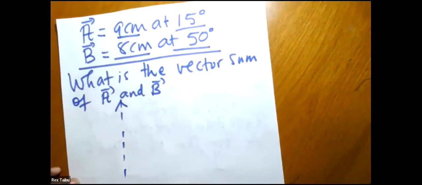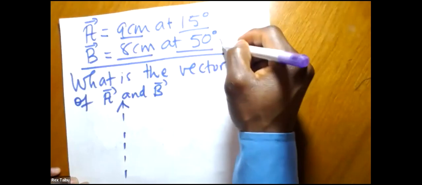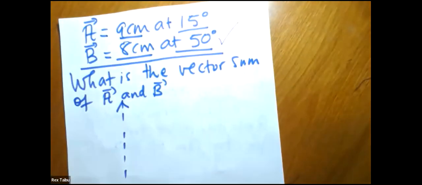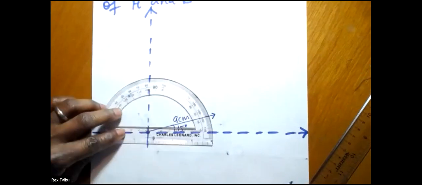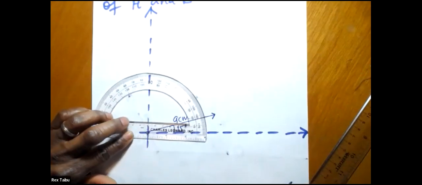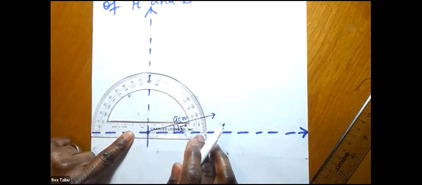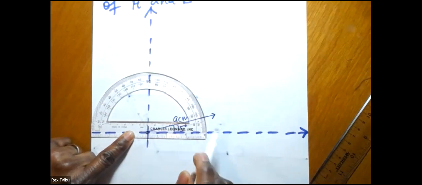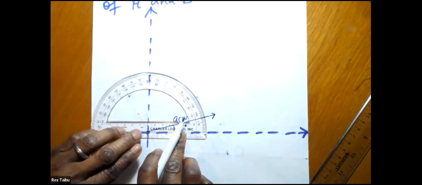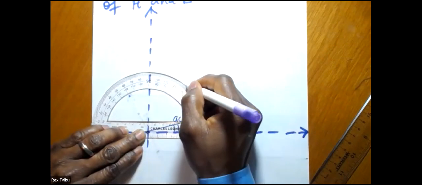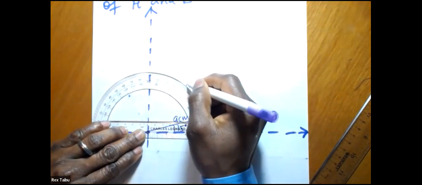The other vector, if you remember, is 8 centimeters at 50 degrees. So let's deal with the angle first. Position my protractor. The center has to be at the origin, and line up the 0 degree line with the x-axis, and then go ahead and count 50 degrees. 50 is over there.